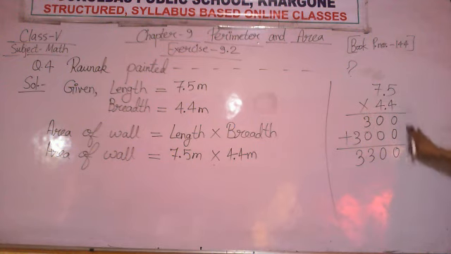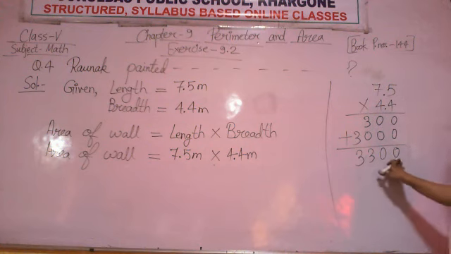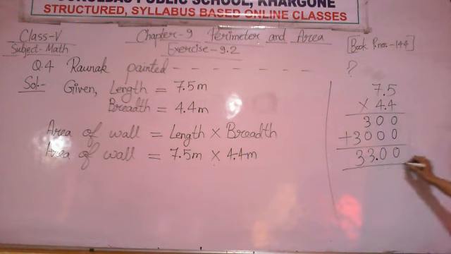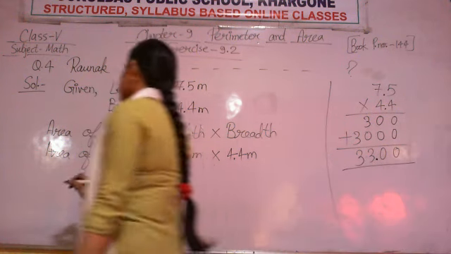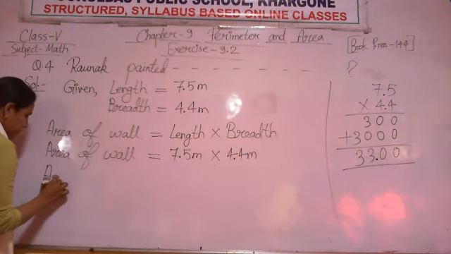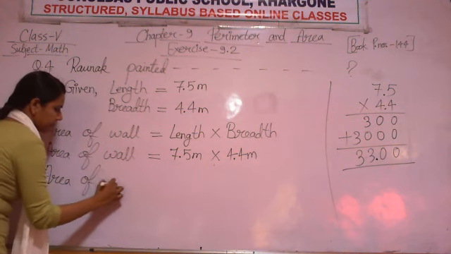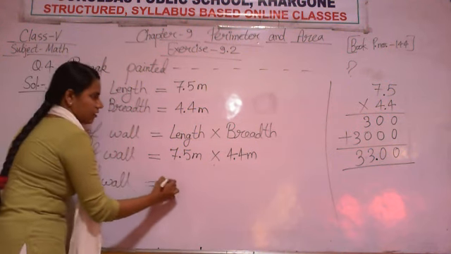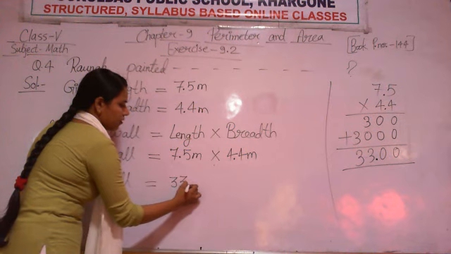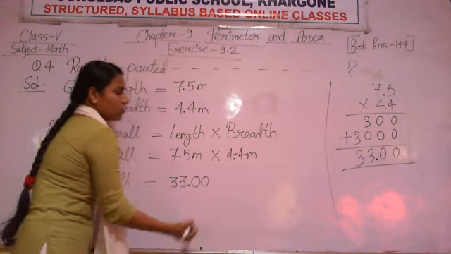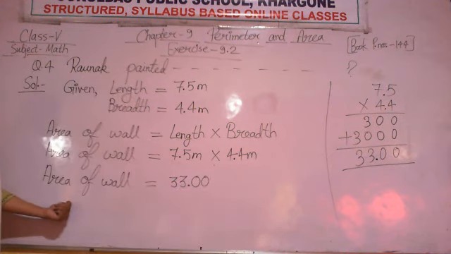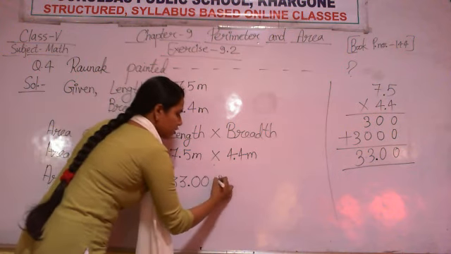From the rightmost side, leave 2 digits and put a decimal here. So area of wall is 33.00. As it is area and we always measure area in square unit, so we will write square here.